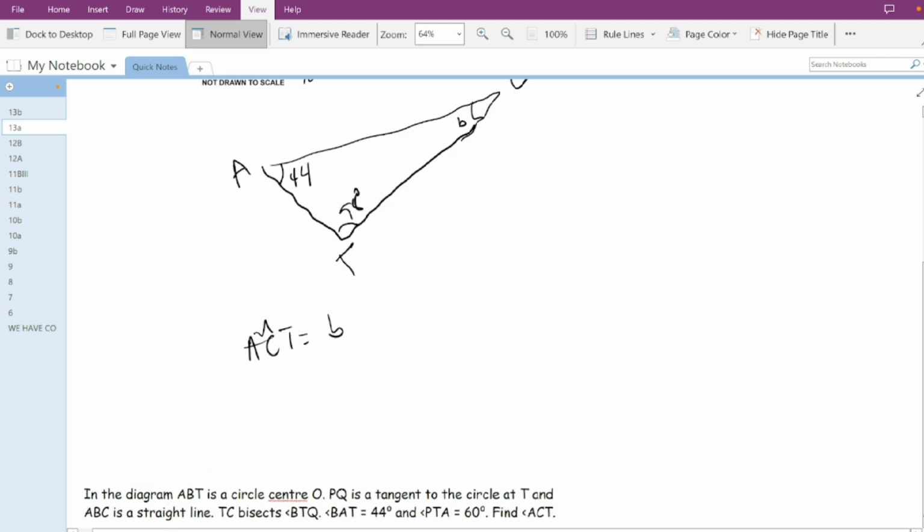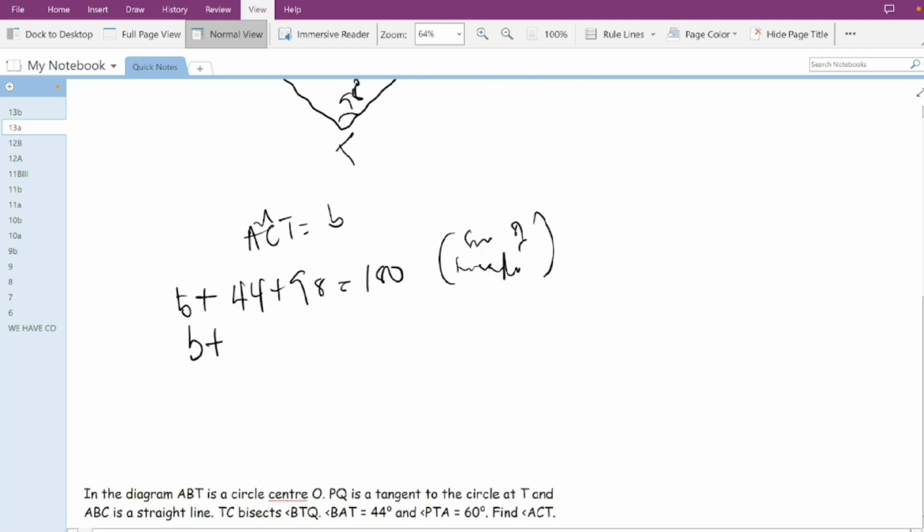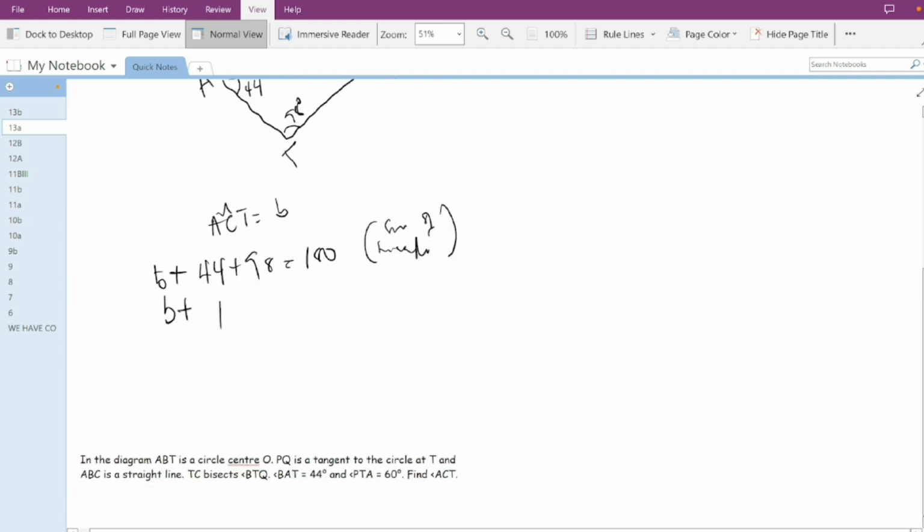Then we know finding the angle B is B plus 44 plus 98 equals 180, sum of angles in the triangle. Now that we've done that, B plus the addition of 44 and 98 to give you 142 equals 180. Then B equals 180 minus 142.